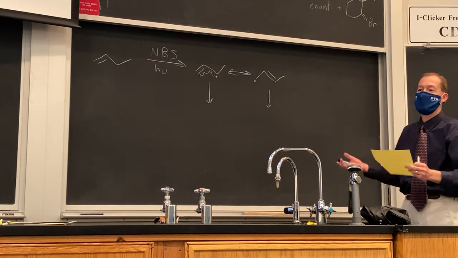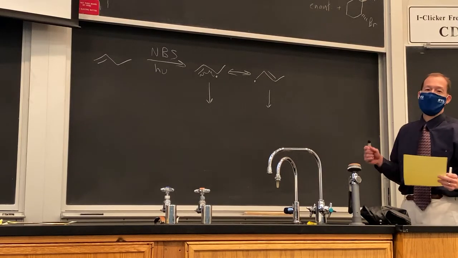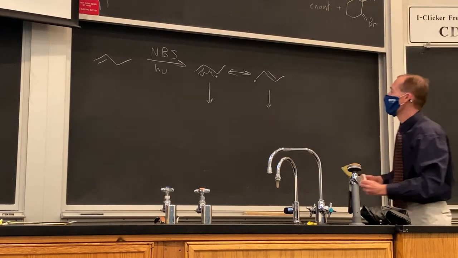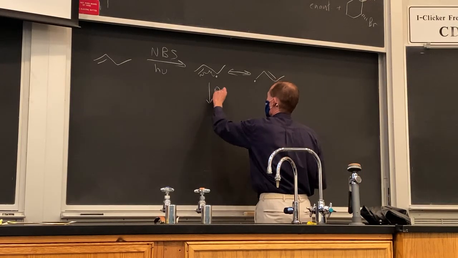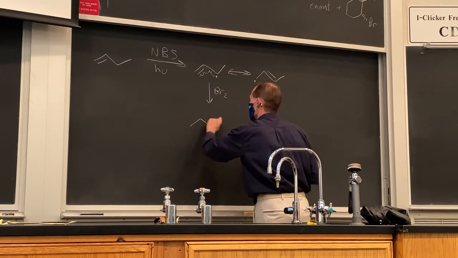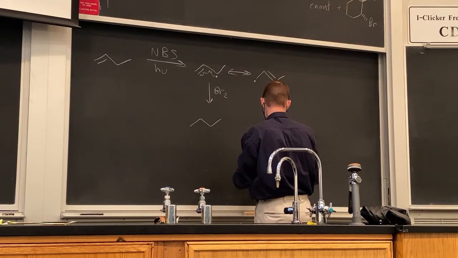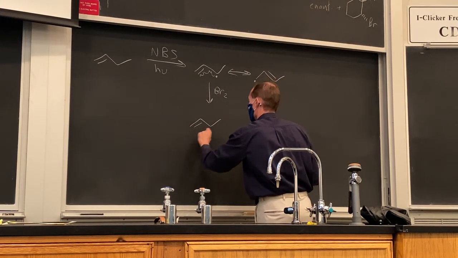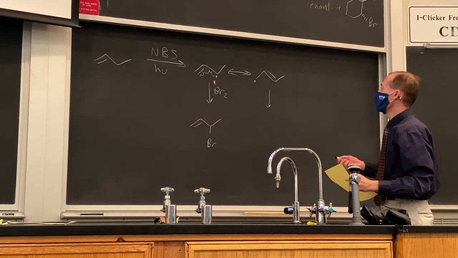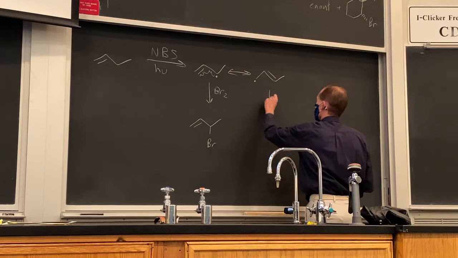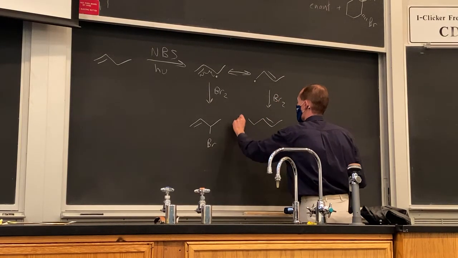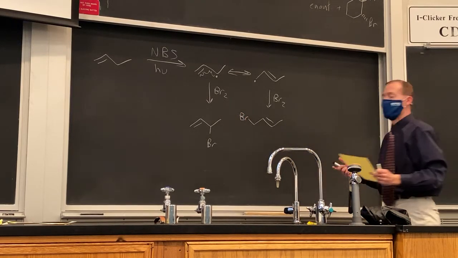These are just two resonance structures showing us that that one allylic radical has spin density on two different carbons. So it can react with bromine to give us the bromine at carbon 3 in this particular case, or it can react with bromine to give us the bromide at carbon 1.